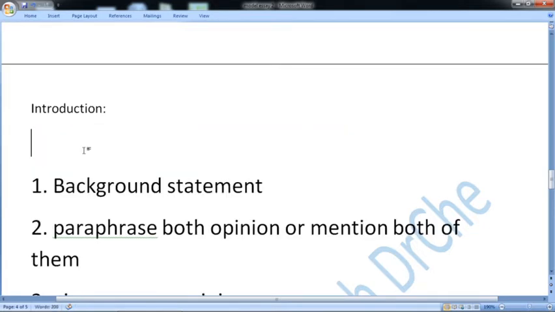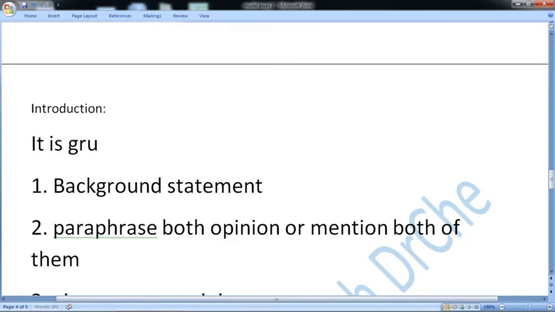Let us think about what would be the background statement. Nowadays more and more people are watching movies on mobiles. That can be, or in general more and more people are watching movies nowadays, something like that.